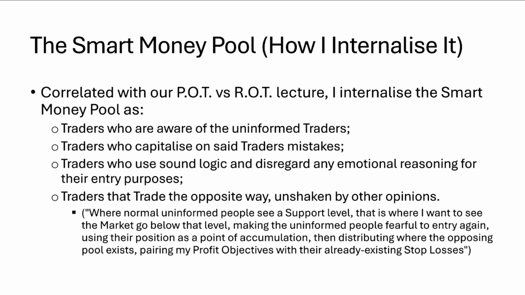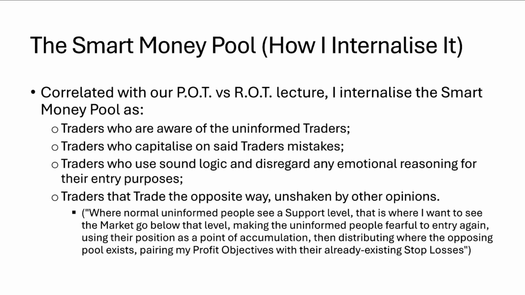Where normal, uninformed people see a support level, that is where I, as smart money, want to see the market go below that level, making the uninformed people fearful to enter again, using their position as a point of accumulation. So I'm going to pair my longs with their stop losses, and I'm going to distribute where the opposing pool exists, pairing again my profit objectives with their already existing stop losses.